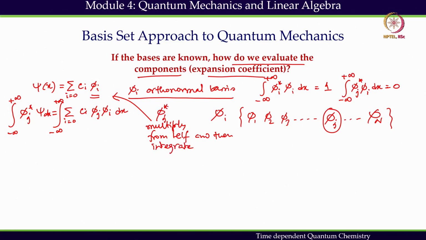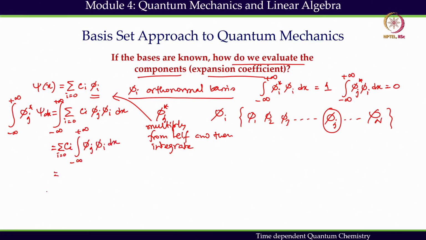Phi j star is multiplied from the left, and if we do that, then what I get here is the summation of C I, I equals 0 to some number, of the integral from minus infinity to plus infinity of phi j star phi I dx.